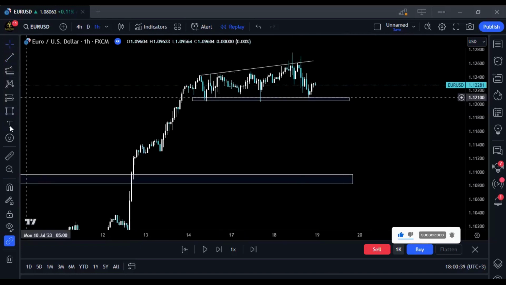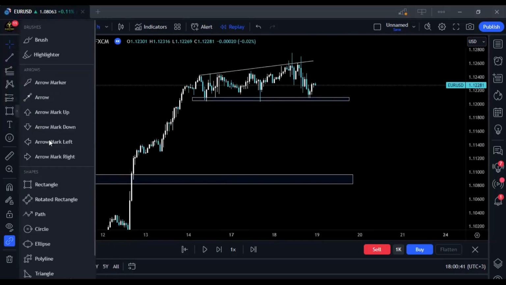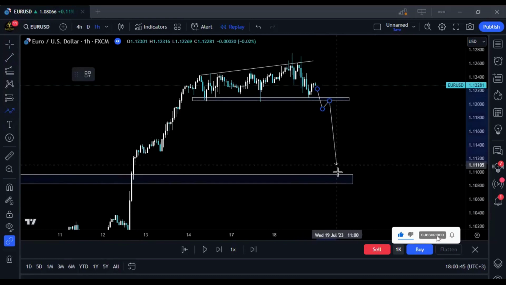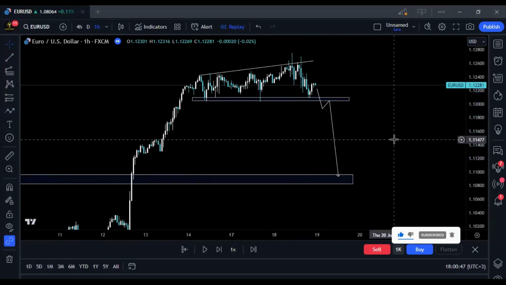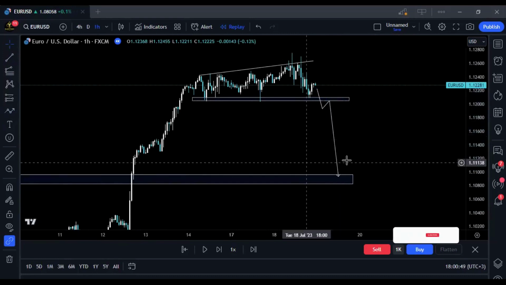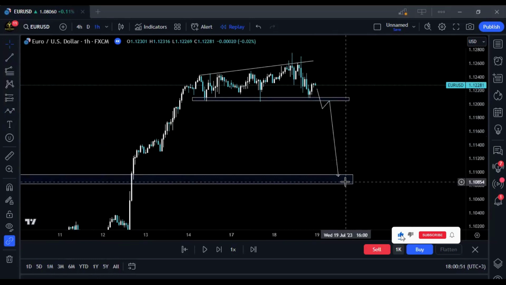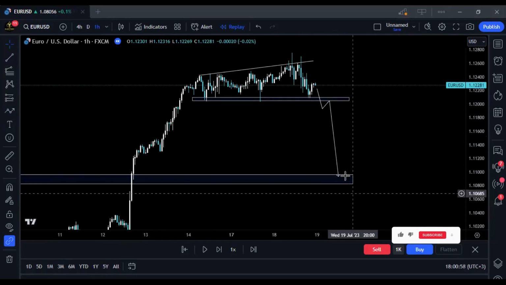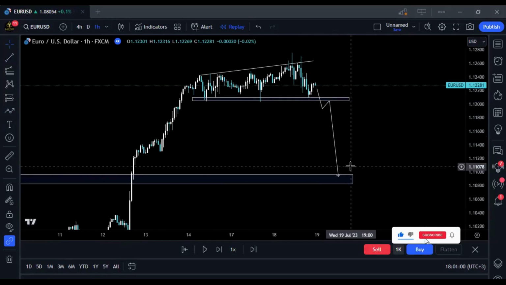So for us to trade, we are anticipating to see prices retrace until they reach the buys somewhere here. So that's where we'll be anticipating to see prices go.